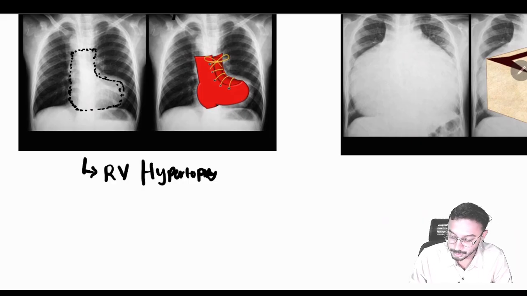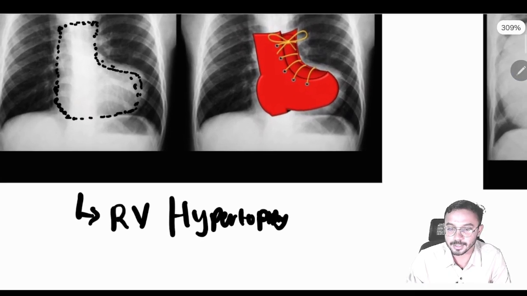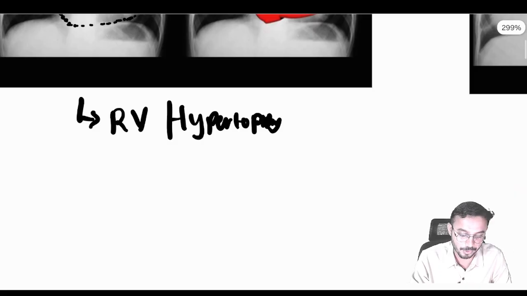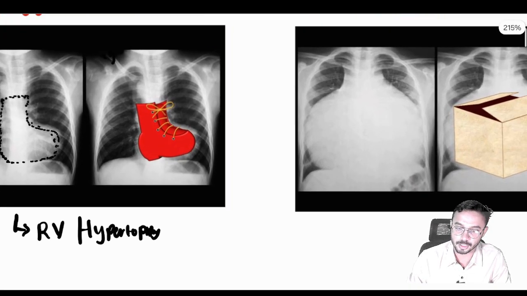That way you will get this boot-shaped heart. Look at the outline I have drawn on this chest X-ray. So boot-shaped heart is found in tetralogy of Fallot because of right ventricular hypertrophy.